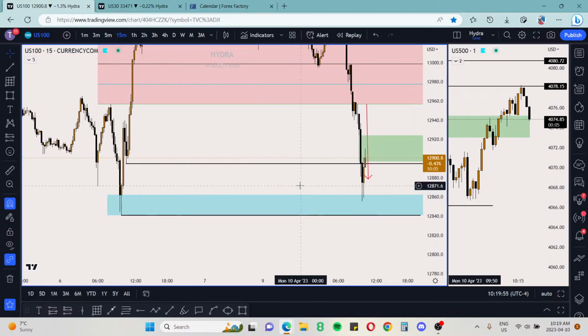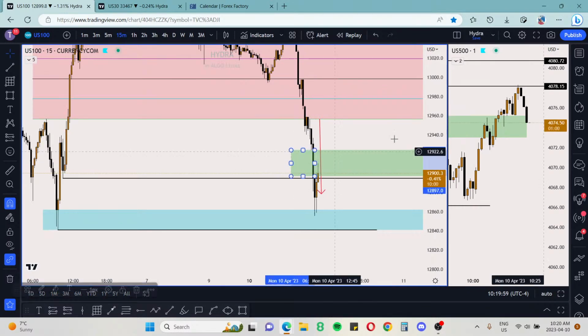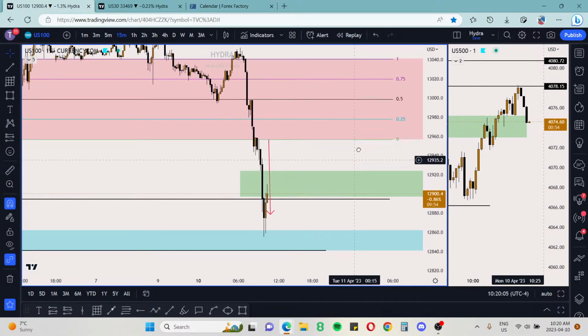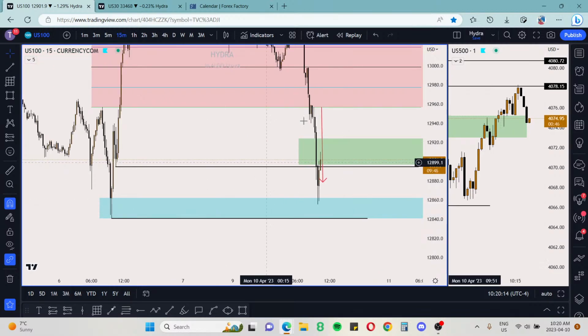That's a rejection block. And if price is closing a candle's body above the midway of the fair value gap, then that's another confirmation for us to remain heavy towards buy side, right? But as long as price is not closing a candle's body above the midway of the fair value gap, you can stick with your trade and you can target this swing low right here.